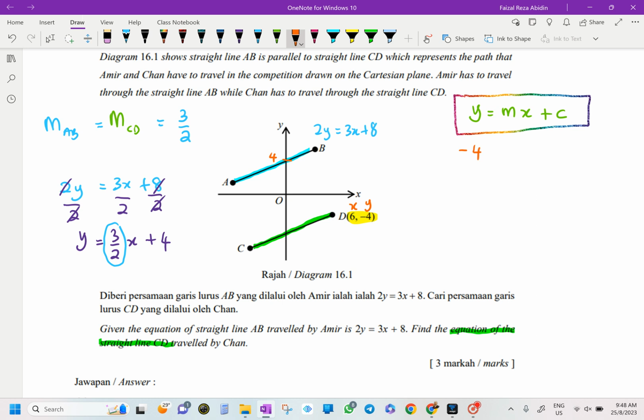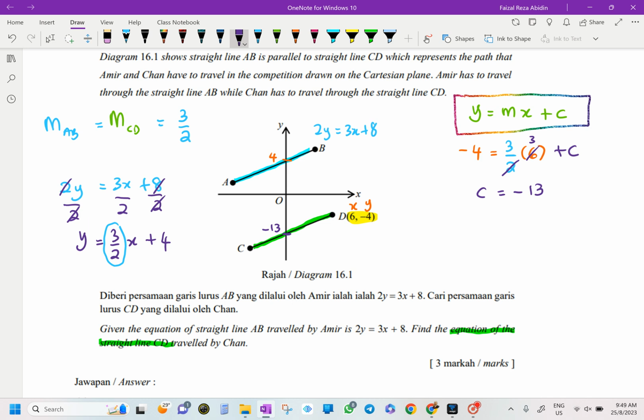Substitute first: y equals gradient, 3/2, times x, 6, plus C, which is what we are going to find. 3 times 3 is 9. Bringing 9 to the other side, C equals negative 13. So you know the y-intercept here is negative 13.